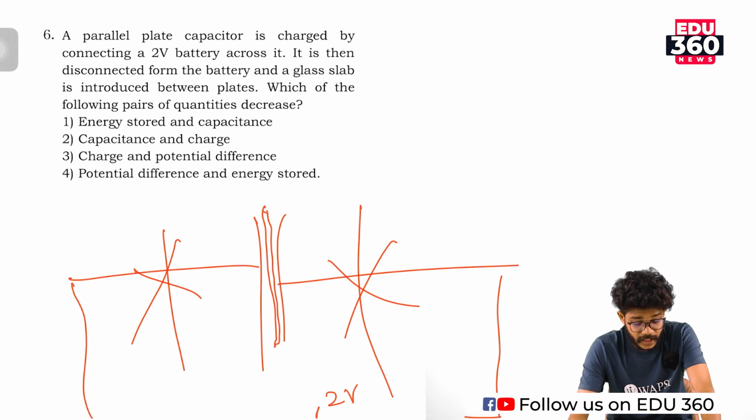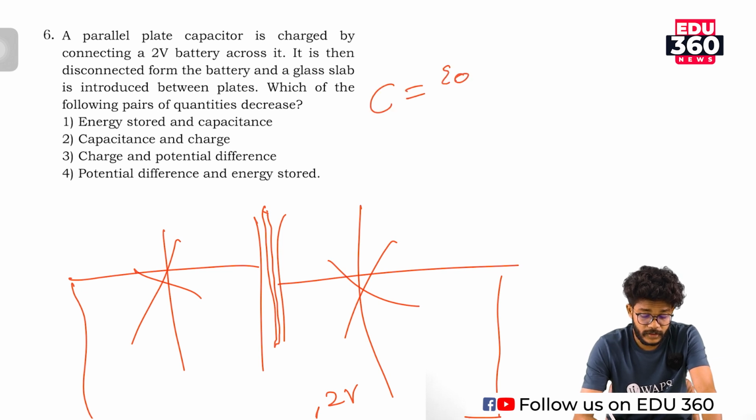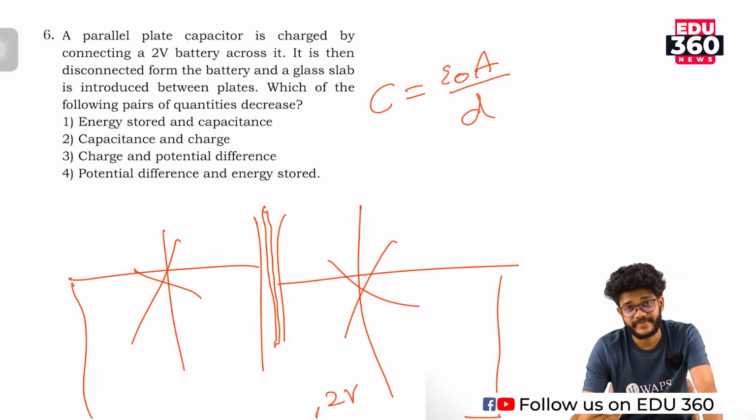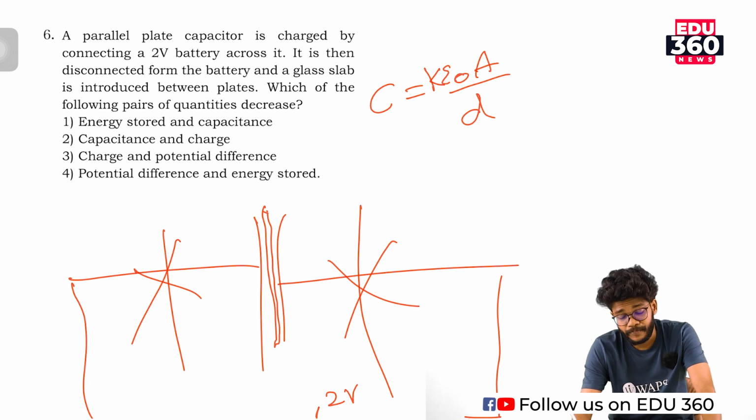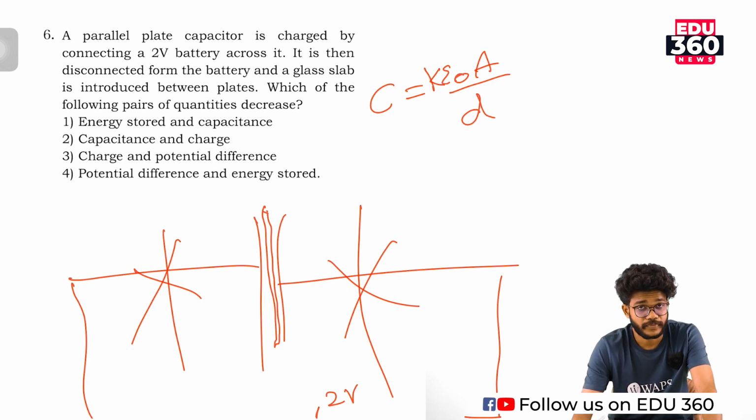So first one is energy stored and capacitance. What is the equation for capacitance? Epsilon 0 A by D, which is the initial value, and when we introduce a dielectric it is multiplied by K. So what does that mean? The capacitance is increasing.